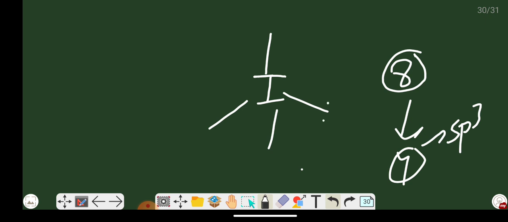So let's make the lone pairs on one side and the I atoms present like this. But these are lone pairs and not bond pairs. So erase these bonds, and these are lone pairs.